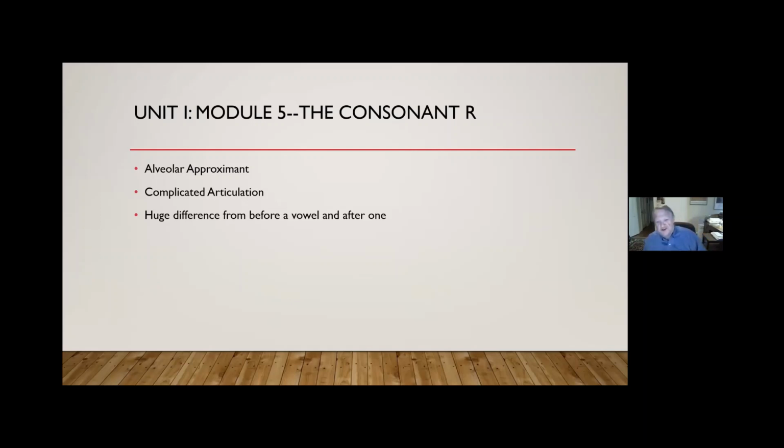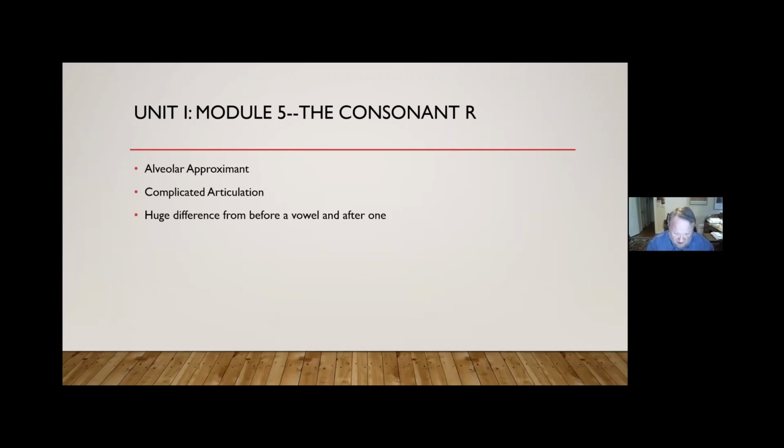Now let's switch to after a vowel. Whoa, things really change. If the vowel is a kind of a neutral vowel, schwa, the R just absolutely merges with it. We'll get to this later on when we work more on vowels. But if it's after a vowel, it also will color the vowel, so to speak, or overlap with the vowel.